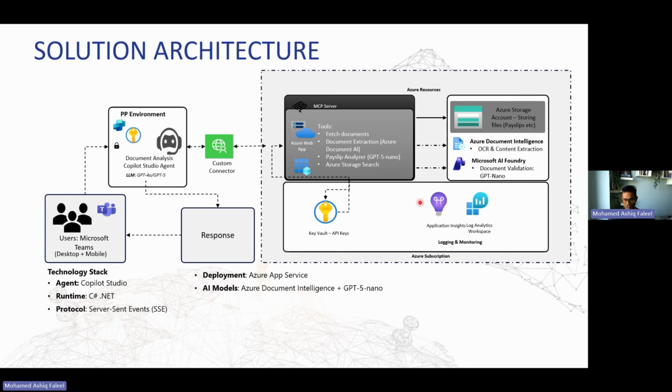There is also a Log Analytics workspace and Application Insights where you can keep logging. Here you can host the Copilot Studio agent in Microsoft Teams, which can be done quickly from the Copilot Studio agent creator portal.